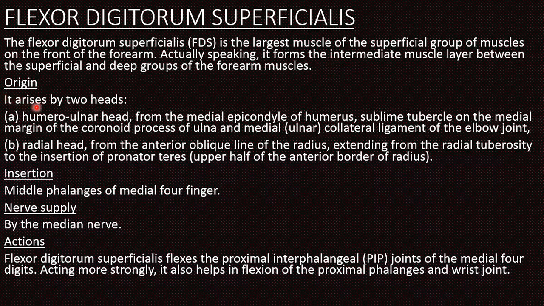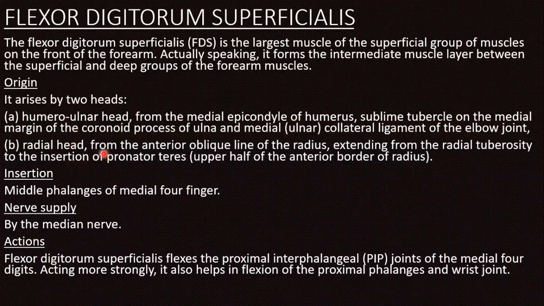Now, it has two heads of origin: a humeral ulnar head arising from the medial epicondyle of the humerus, the sublime tubercle, that is why it was initially known as flexor digitorum sublimis, on the medial margin of the coronoid process of ulna, and from the ulnar collateral ligament of the elbow joint.